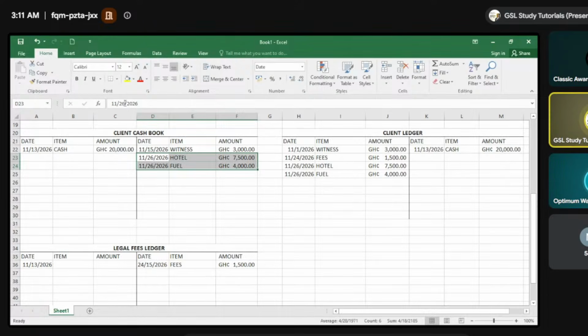Then we come to the firm sends. Okay, my lady, please read for us. So we are now on the 29th. The firm sent an invoice covering the legal fees amounting to 32,000 Ghana cedis.